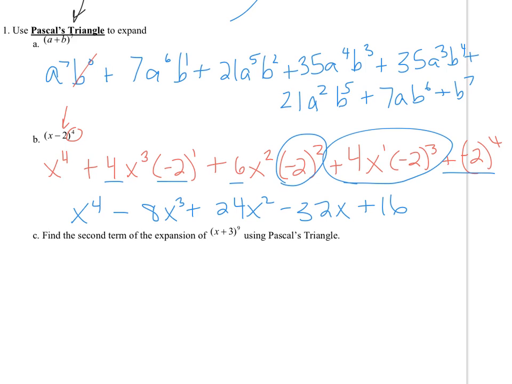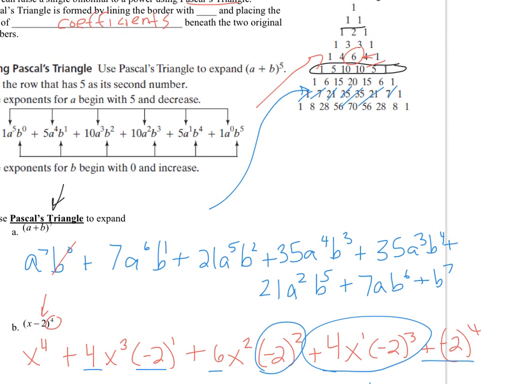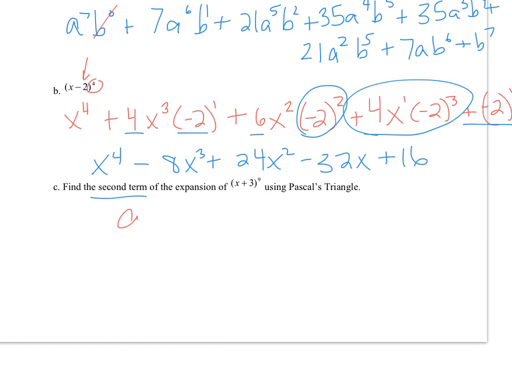Okay, C, find the second term of x plus 3 to the 9th. So let's see if I have 9 down here. I don't have the row of 9, so I'm going to add the row of 9. So it's 1, 9, 36, but I don't need that because I just need the second term. So for the second term, I'm going to start out with 9. Should have just done that anyway, but I showed you how to do it on the triangle.